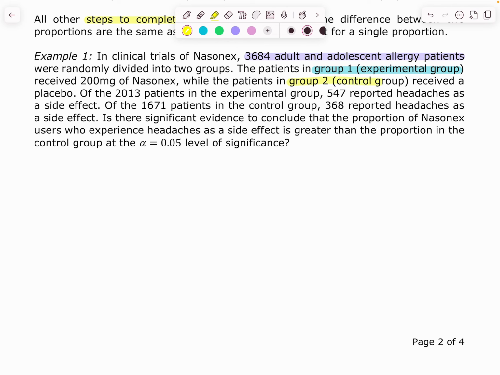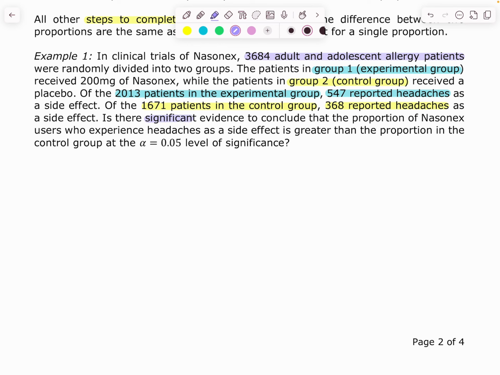Group 1 and Group 2. Okay, the experimental group, which is Group 1, had 2,013 patients, and 547 of them reported headaches. Group 2, the control group, had 1,671 patients. 368 of them reported headaches.